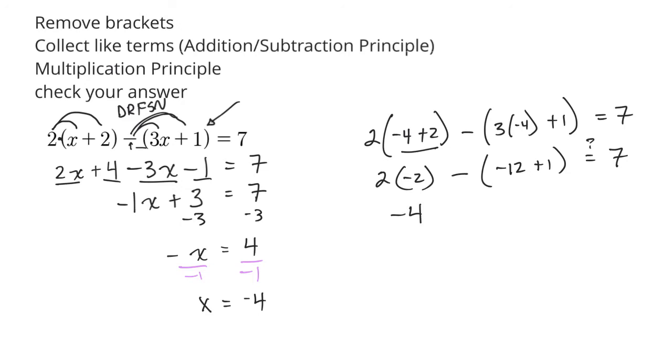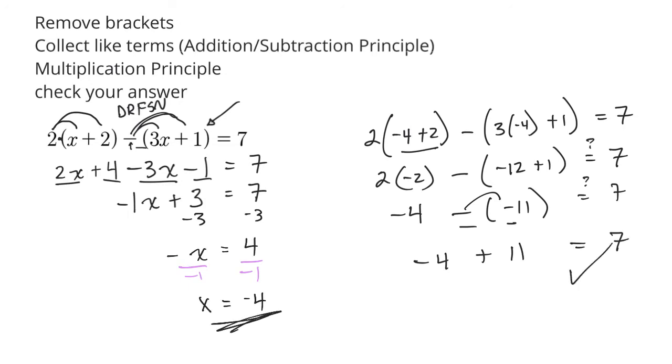Minus 12 plus 1 is a negative 11, equals 7, I'm hoping. A negative of a negative, that's a distributive property, so it'll be a positive 11. So negative 4 plus 11 indeed gives us 7, therefore my answer was correct. It's always a good feeling when you do a check that it checks out correctly, so you know the work that you did was correct.